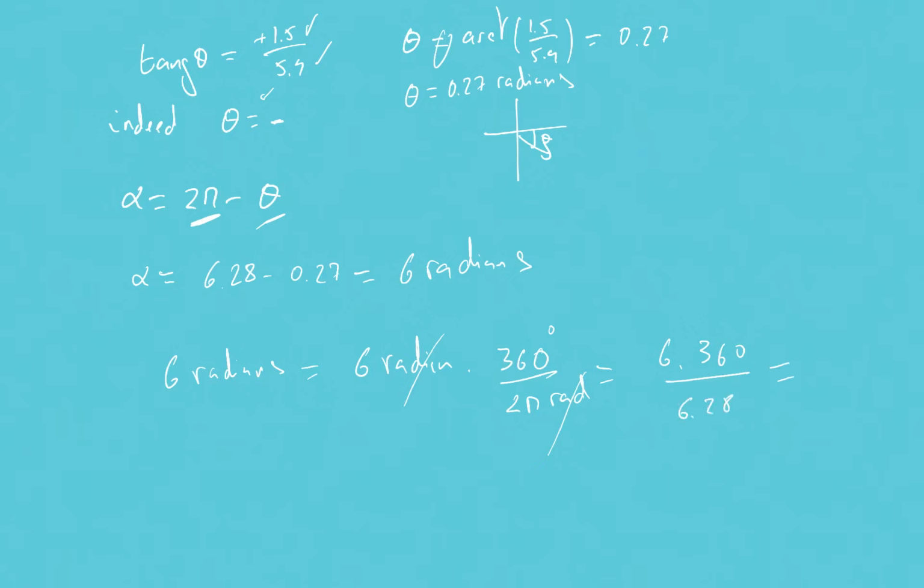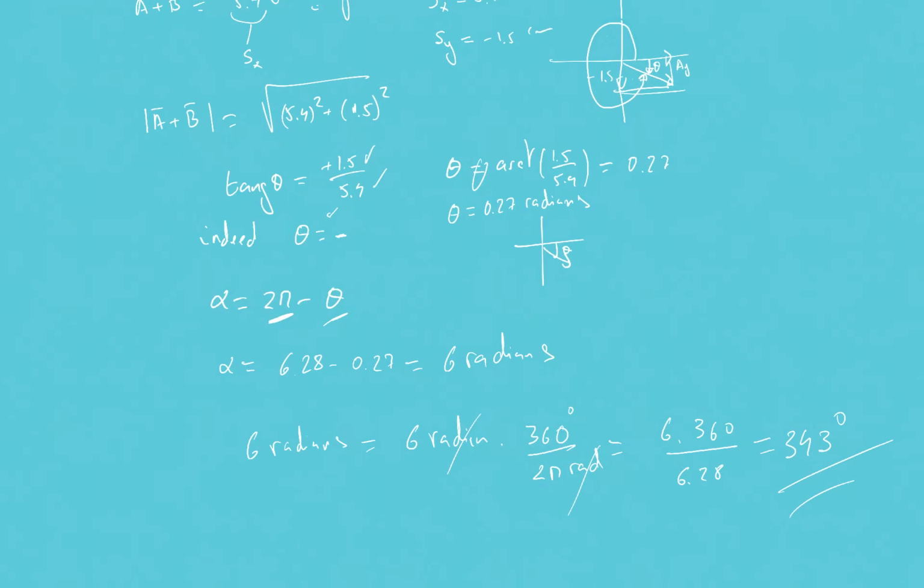So 6 multiplied by 360 divided by 6.28 will be 343 degrees. It's reasonable. It's the angle from the x axis.